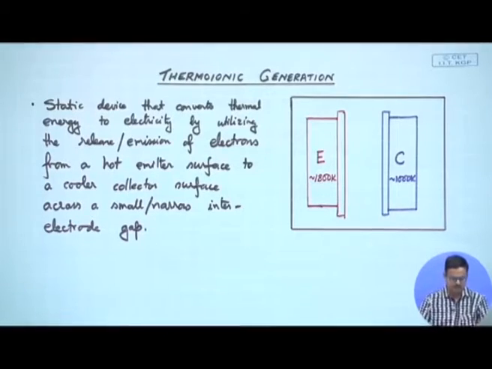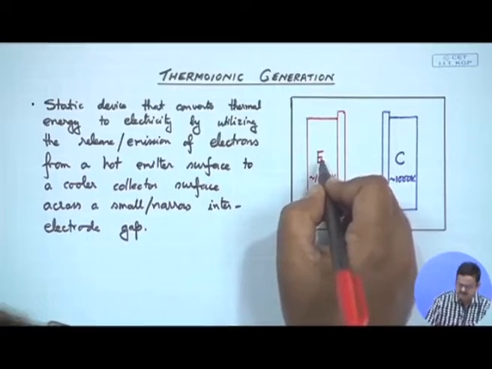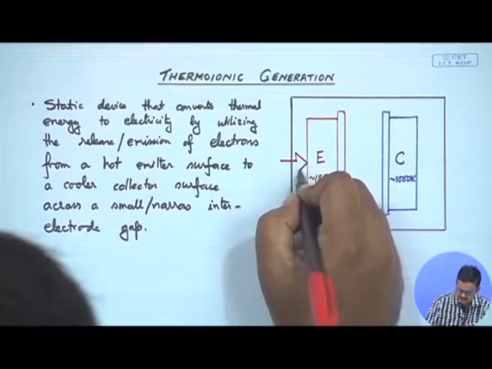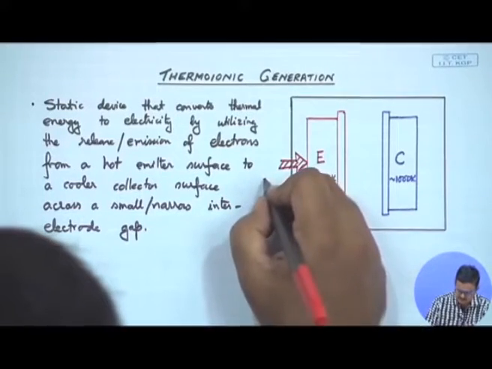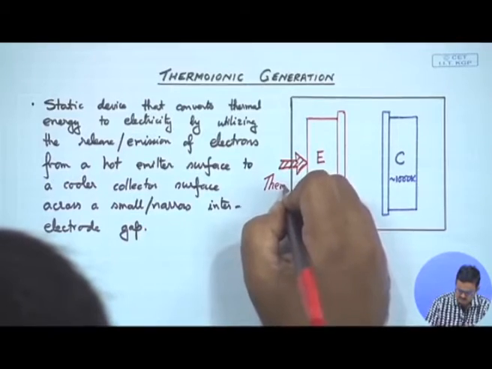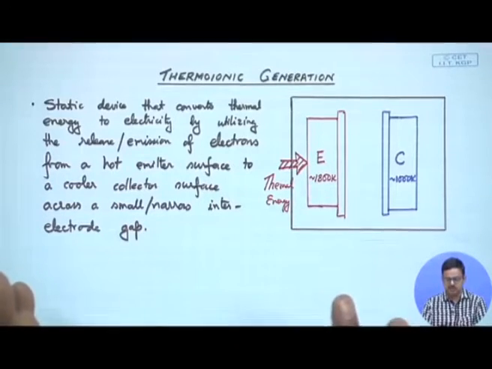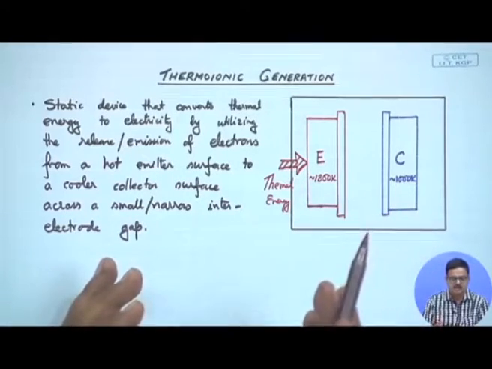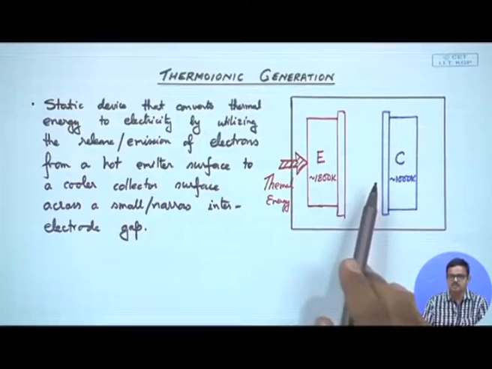So, what happens is, let us say this emitter is above a certain temperature, and how do I get that certain temperature is by the supply of heat to that emitter electrode. So, I would say thermal energy, which comes from our waste heat in the context of this course. As the temperature of this surface keeps increasing, it reaches a point where electrons become free from the surface, electrons are detached from the surface and they start moving.